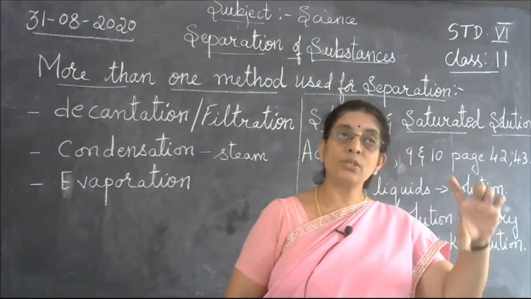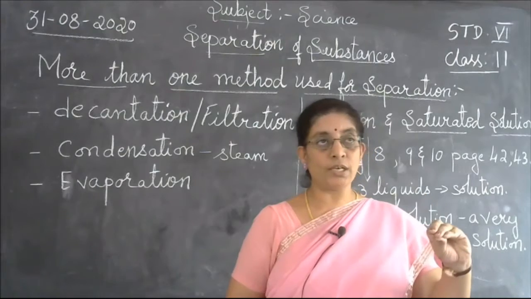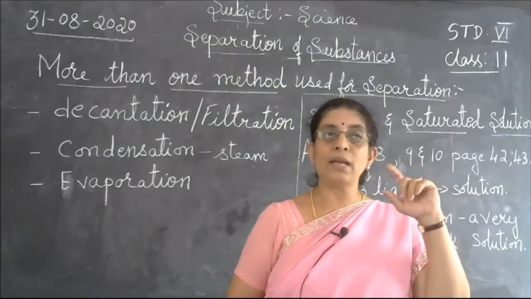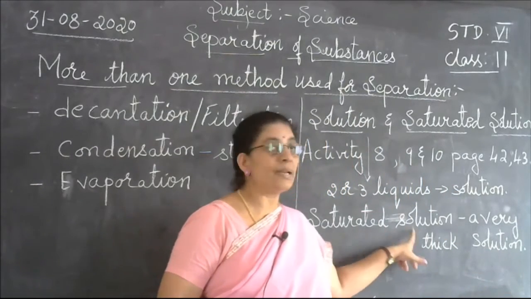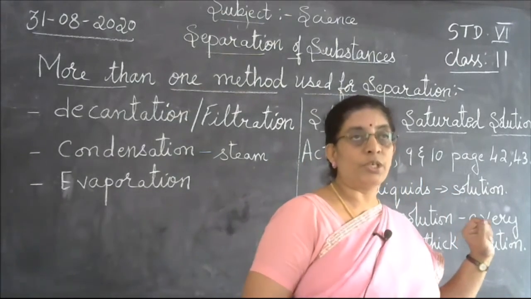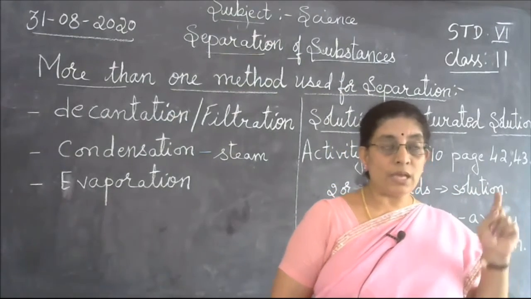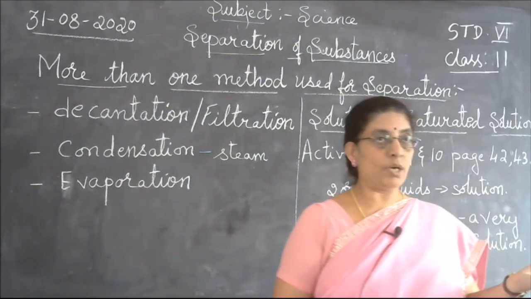Even then, after a few spoons of salt or sugar, after a certain amount, even that solution will become thick. Even then that solution is called a saturated solution. So these are the methods, and they are used even for extracting salt from seawater.